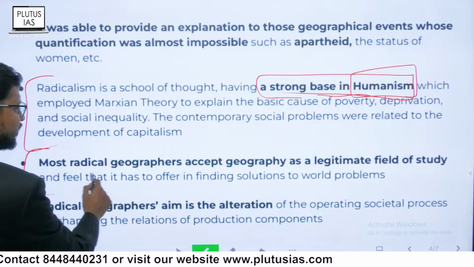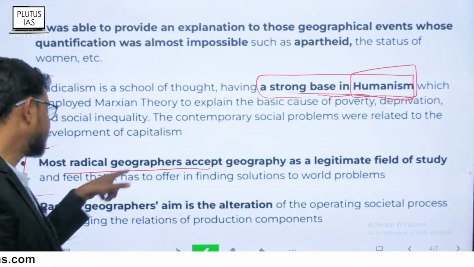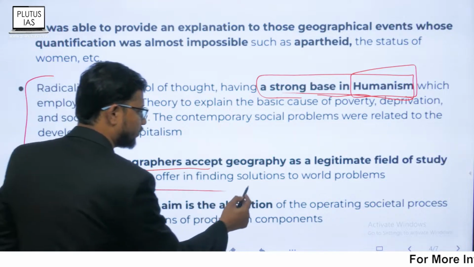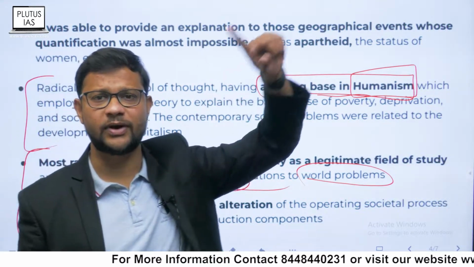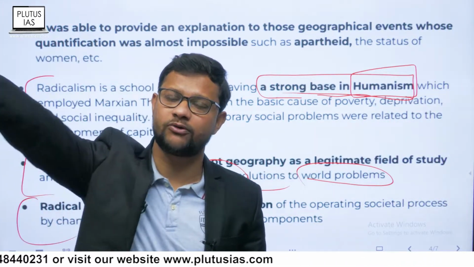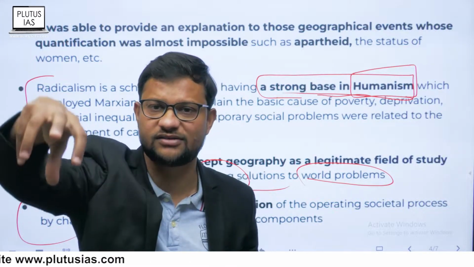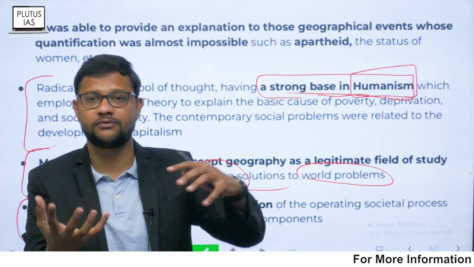Most radical geographers accept geography as a legitimate field of study which has to offer solutions to world problems. It is not the case that you are supposed to find solutions only for industrial location, or only for geomorphological problems or disasters. Simultaneously, the role of geography, because what is geography?